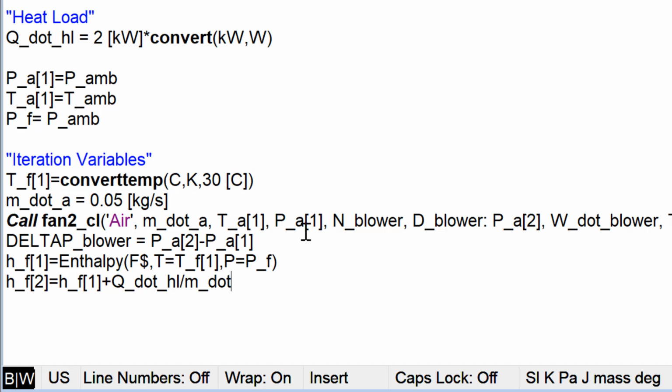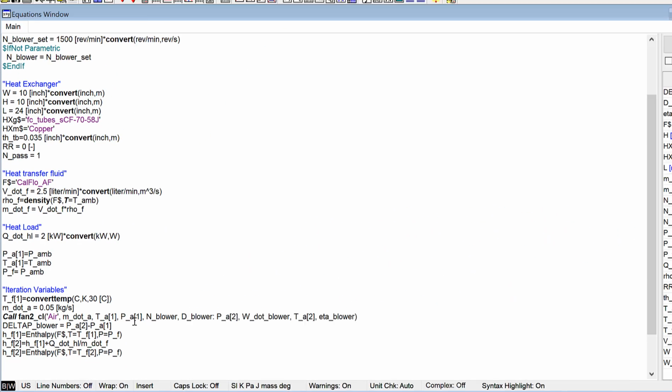If I could type m dot, I think it's F, yeah. And then finally I can use that enthalpy and the pressure to get the temperature. So there's no temperature function for incompressible, so I'm just going to type that HF2 is equal to the enthalpy of F$ at T equals TF2, and we will neglect the impact of pressure changes as they're not very important here.